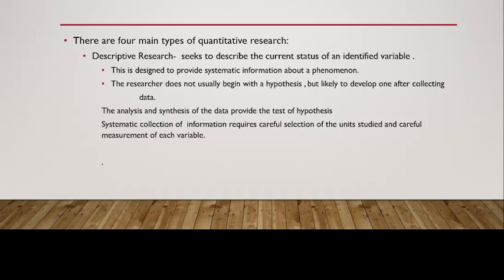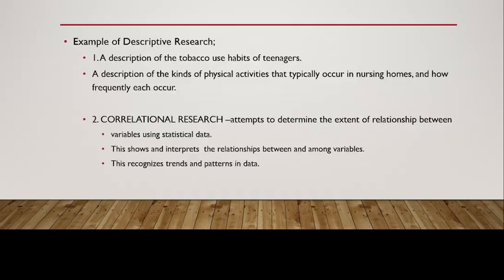But still, this requires systematic information. When we say systematic information, you have to follow the scientific procedure in doing your descriptive research. So, that's the first type of quantitative research.